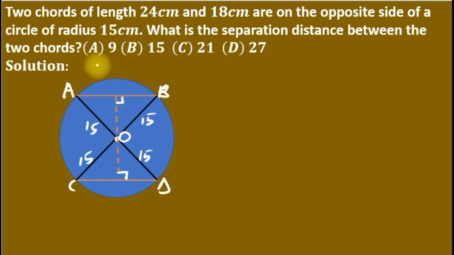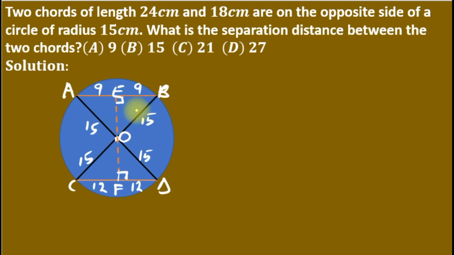So remember, there are 24 and 18, so meaning one half is 9, 9, while the other is 12, 12. The line that runs from the center is always a perpendicular bisector to the chords. So we'll form a right angle triangle, taking one part of it. Okay, let's name A, B, C, D. Let's name here E and F.